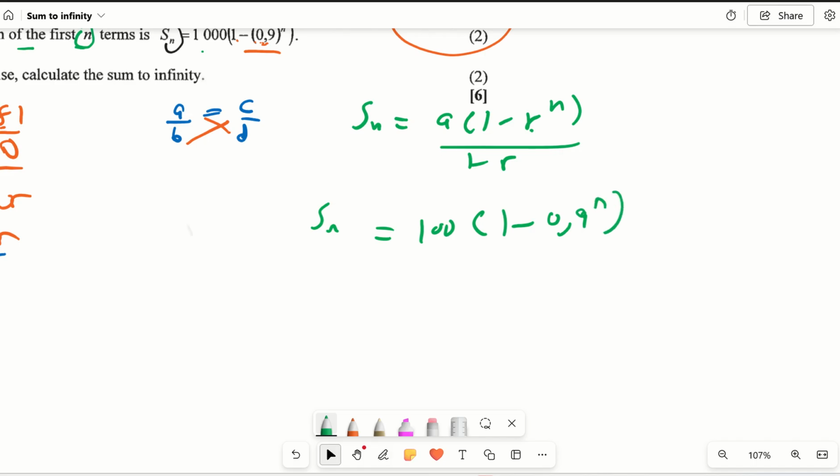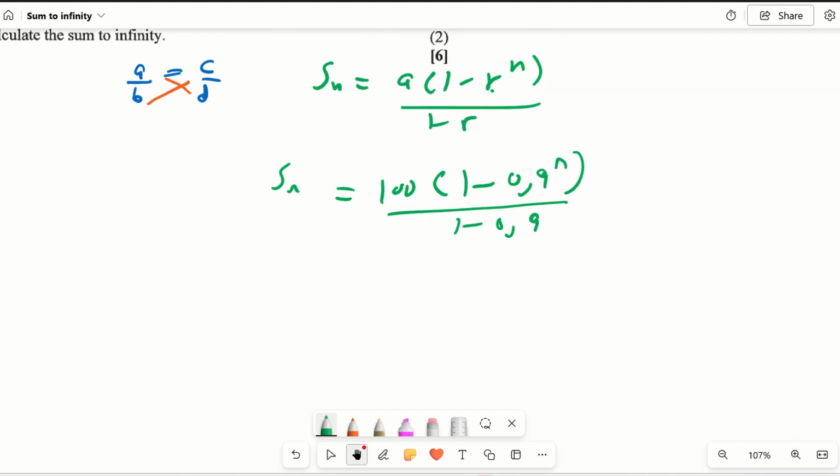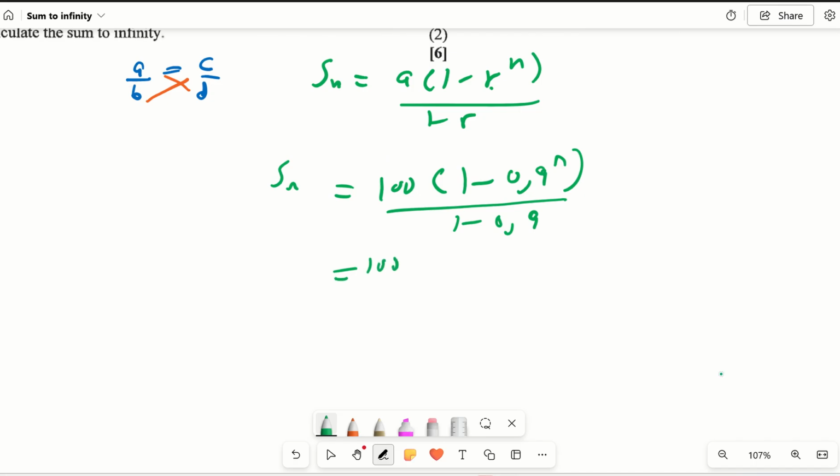Now you see this bit here looks like that bit, so you know you're going in the right direction. r is 0.9. Let's simplify. We have 100 times (1 minus 0.9 to the power n). Please do not say 1 minus 0.9 and get 0.1 to the power n. No, no, no. This power n affects only the 0.9, not the 1. Don't do that, please.